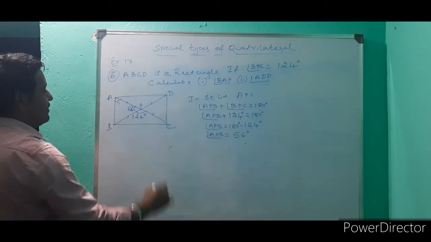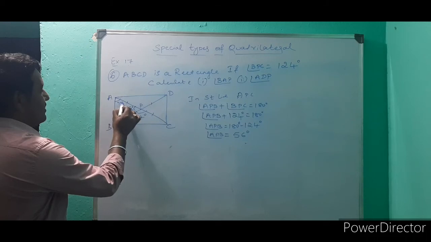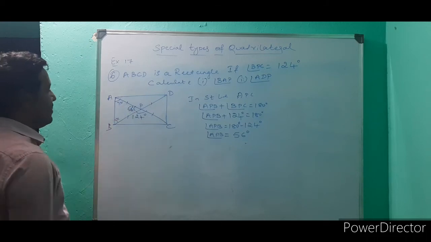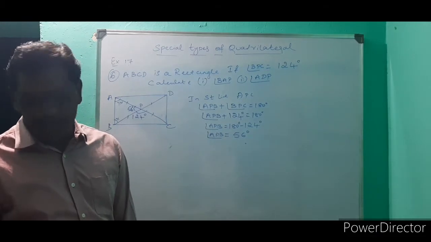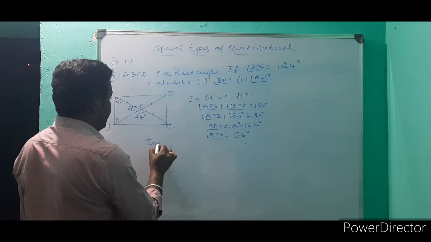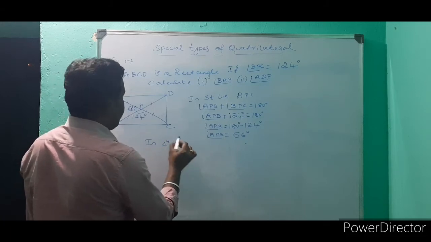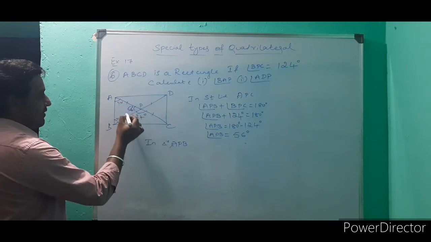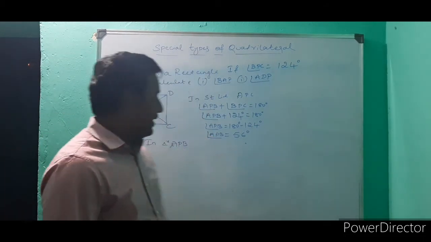If these two sides are equal, that means what about this angle? This is x, so this is also x. In triangle APB, if these two sides are equal, these two angles are equal by the isosceles triangle property.